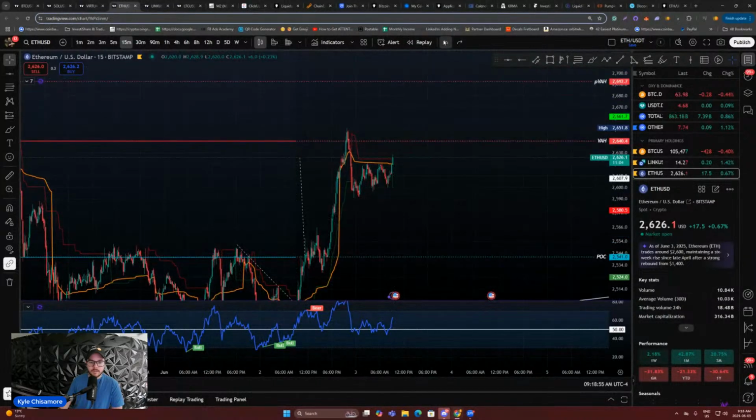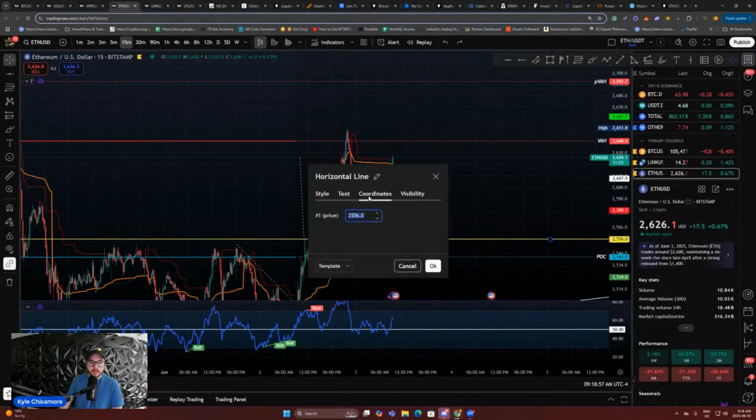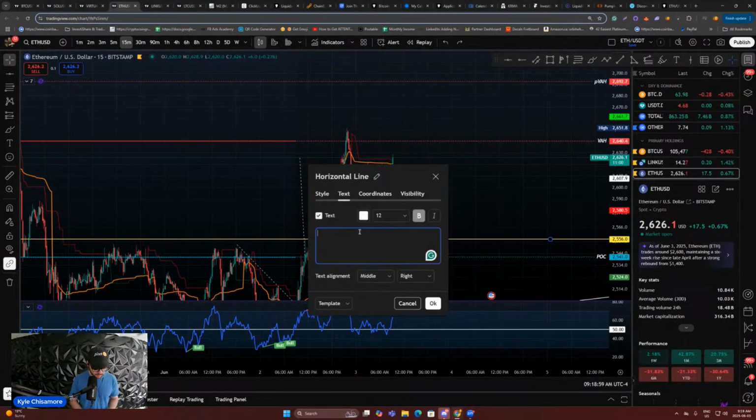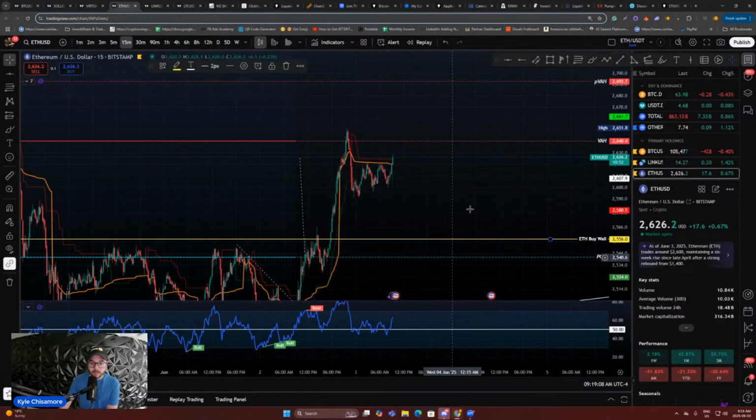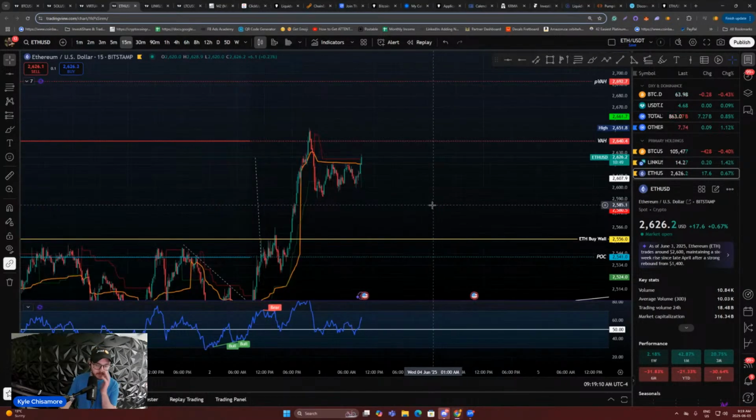Let me undo that, actually. Let's keep that on there. Just mark it as Ethereum. A buy wall here. The buy walls are great for confluence, by the way, especially Fibonacci confluence.